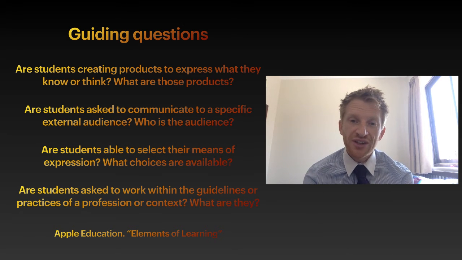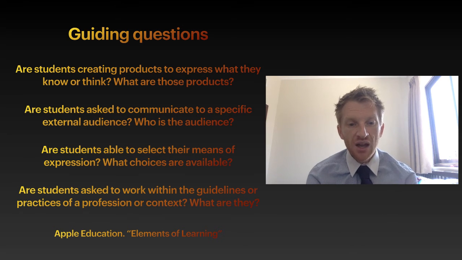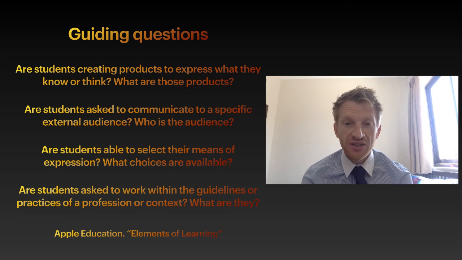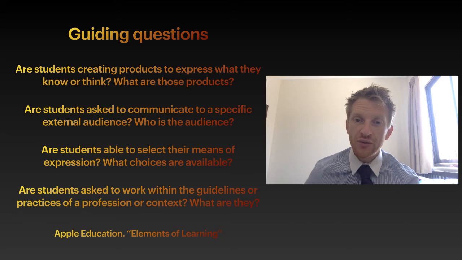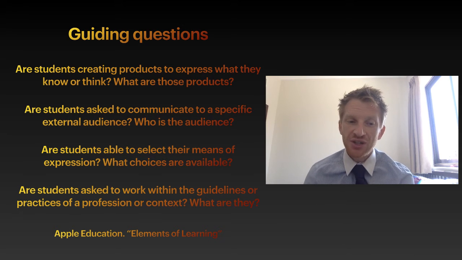And what choices have they got available? In addition, what skills have they got available to use those different means of expression? Are students asked to work within the guidelines or practices of a professional context? And if so, what are they? For example, writing the newspaper article that we've just seen. All of these key questions, along with the features of the elements of learning for communication and creation, have been taken from that Apple eBook as previously mentioned.